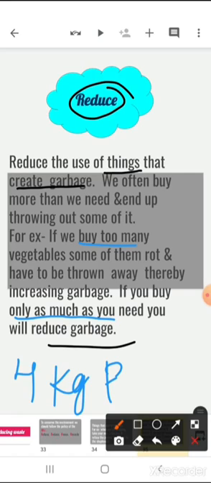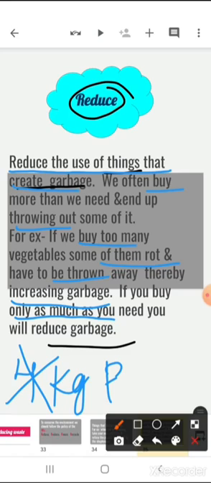We need to reduce the quantity which we are purchasing, because after a few days it rots and we have to throw it out, and when we throw it, it increases the garbage. So there is a need to reduce the things that create garbage.